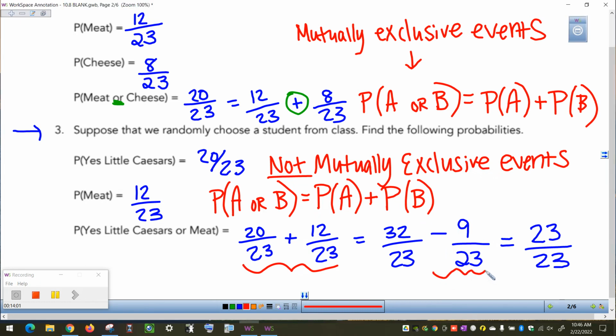We had to subtract those people that were double counted. And the way we're going to describe that overlap mathematically is the probability of A and B, meaning the probability that they prefer yes, Little Caesars, and they prefer meat. That's how we figured out those 9 people, is that they were a yes to both of those questions.